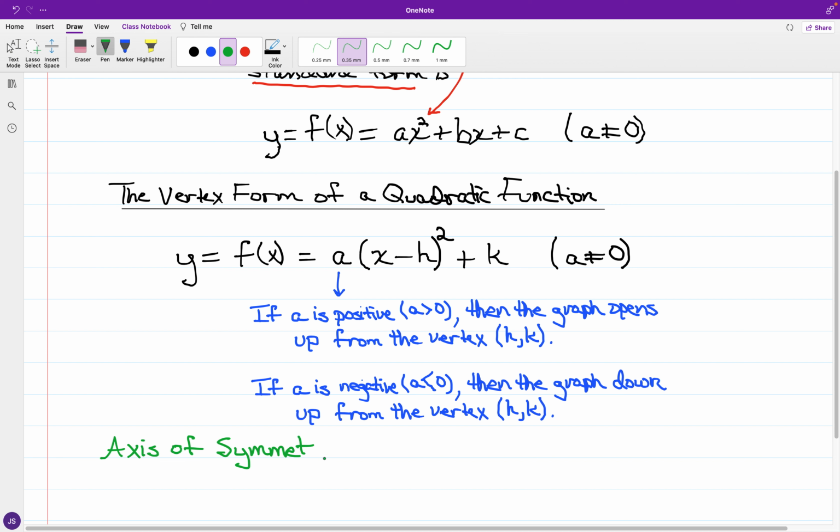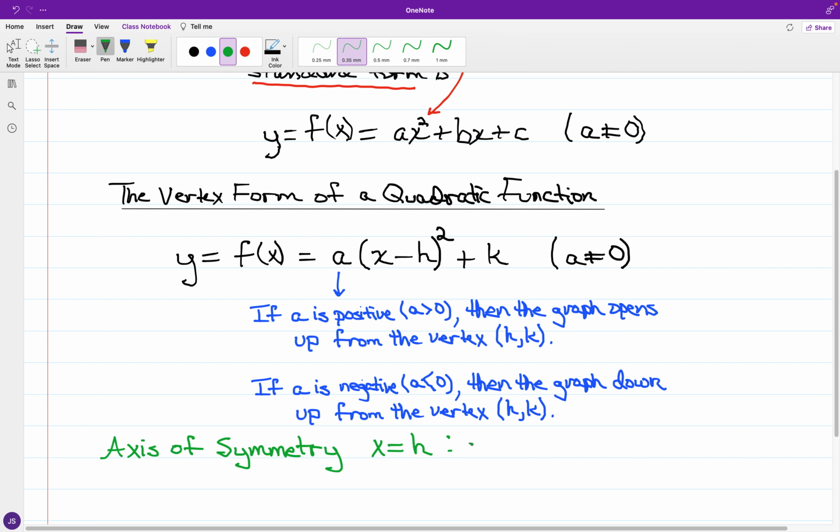But in the case of quadratic functions, you could have the axis of symmetry be the y-axis, but if it's not, you will have the general representation where x is equal to h.